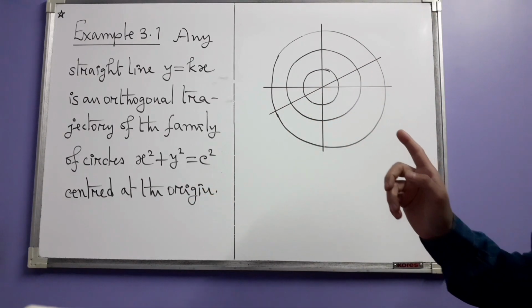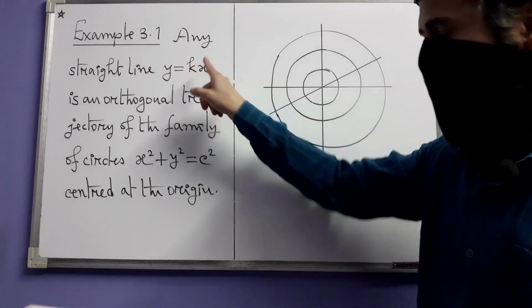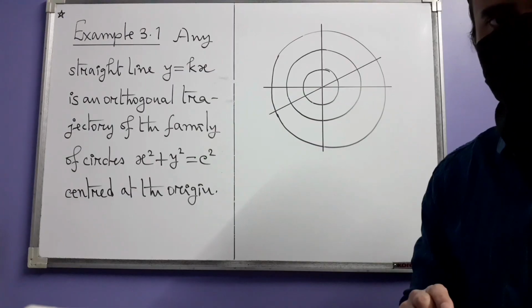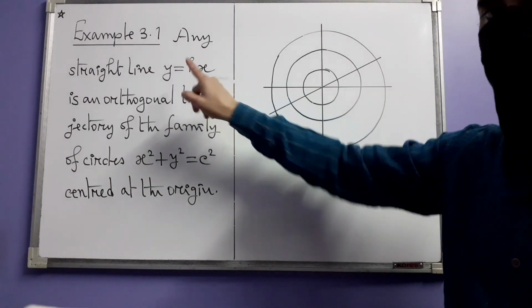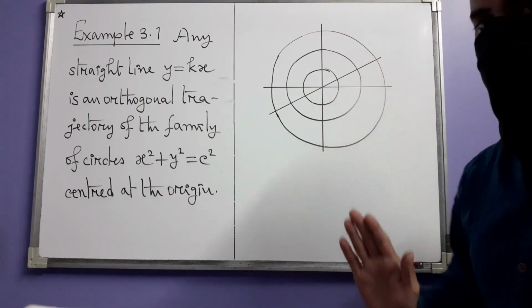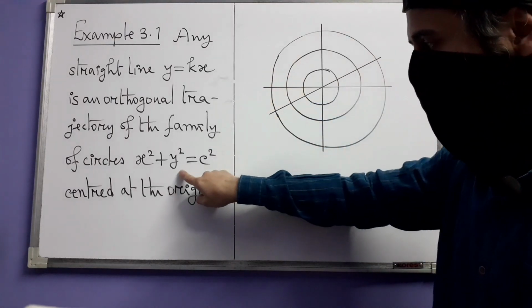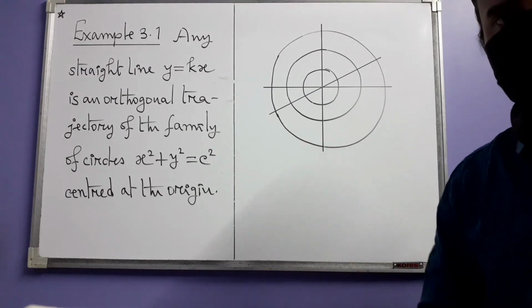Looking at the situation from another point of view, if you consider this itself as a family of straight lines where you can vary k, then you would get different straight lines all passing through the origin. For that family, each circle like this would be an orthogonal trajectory.